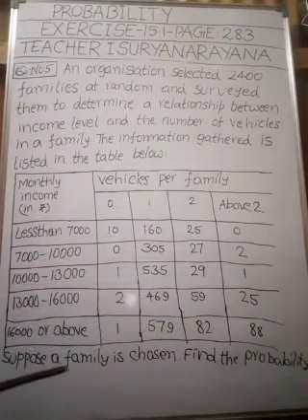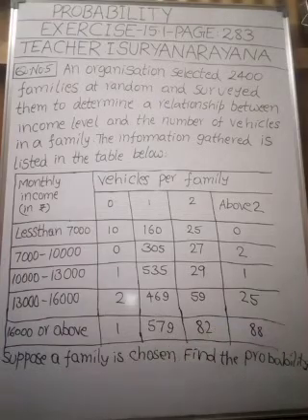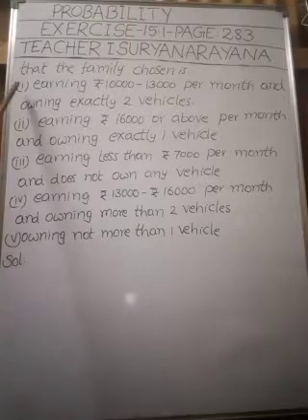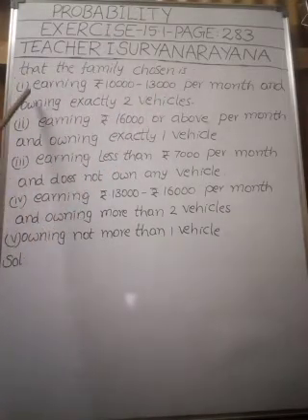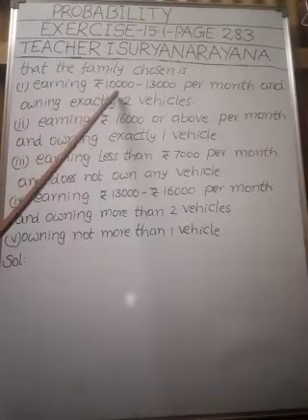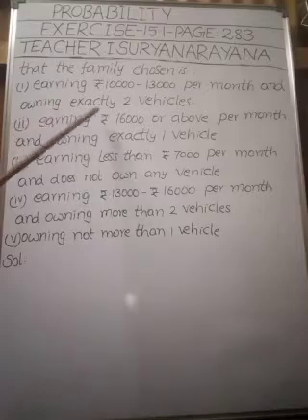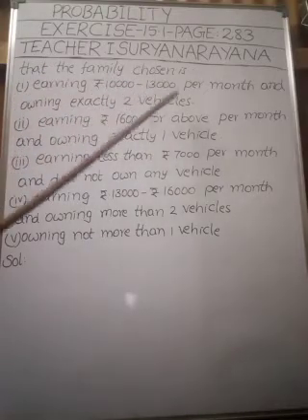Right. Suppose a family is chosen. Find the probability that the family chosen is, first, one earning 10,000 rupees to 13,000 per month and owning exactly two vehicles. We have to find the probability of this event.